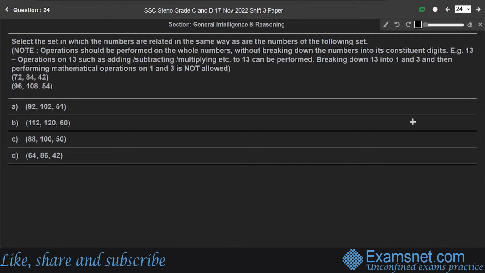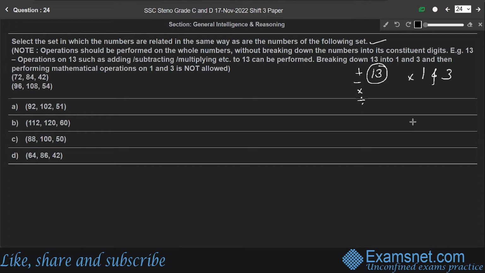Question 24. Select the set in which the numbers are related in the same way as the numbers of the following set. Note that mathematical operations should be performed on the whole numbers, for example 13. It may be addition, subtraction, multiplication, or division, performed on the whole number 13, not on the digits 1 and 3 separately.